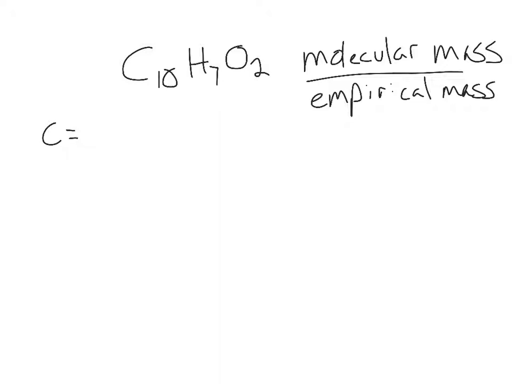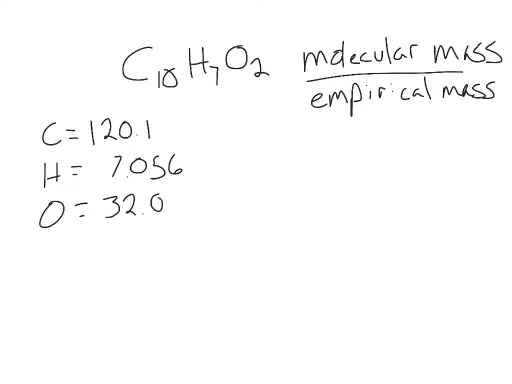So 10 times 12.01 gives me 120.1. And then hydrogen, there's 7 of them and they each have a mass of 1.008. So 7.056. And then oxygen, there's 2 of them and they each have a mass of 16, so 32.00. So I add that up, 120.1 plus 7.056 plus 32 gives me 159.156.